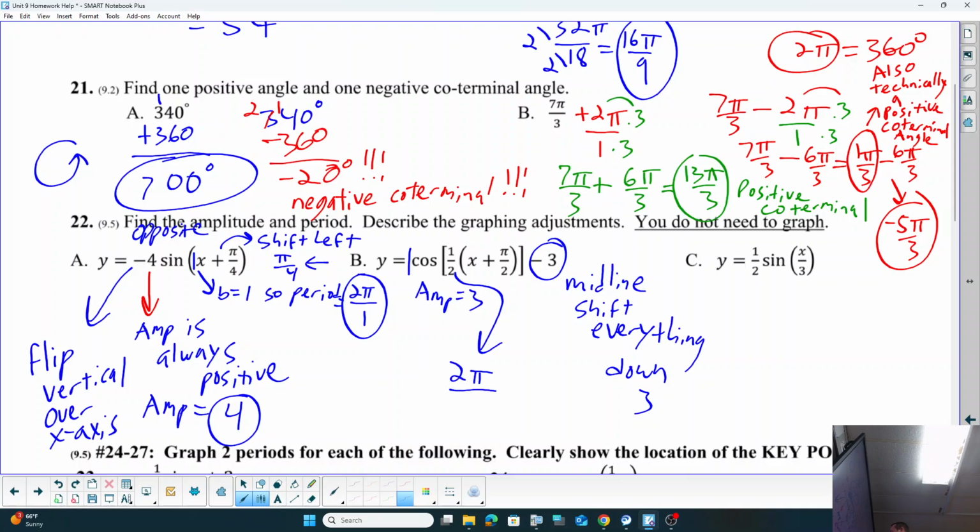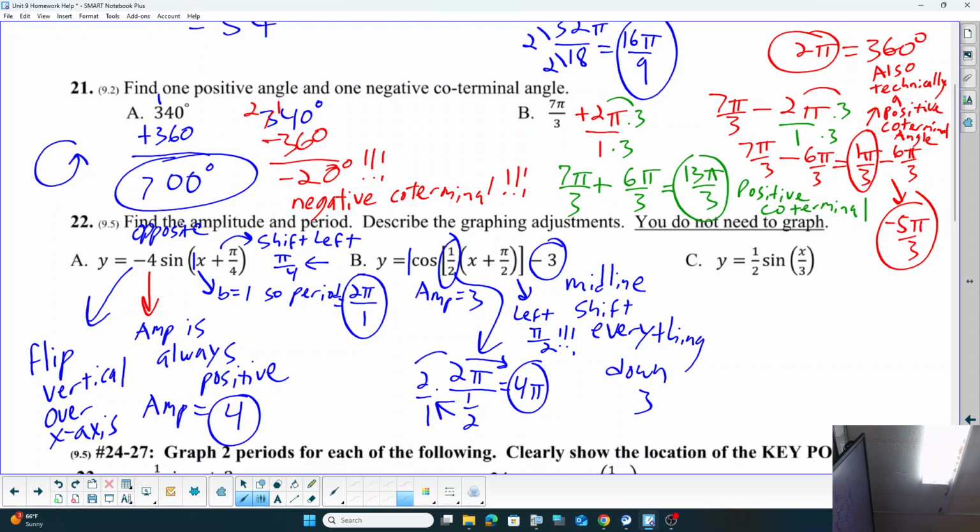Remember, it's 2 pi over that number, so 2 pi over a half, which you keep, change, flip, and that's going to be 4 pi, because 2 times 2 is 4 pi. And this is going to be left pi over 2.